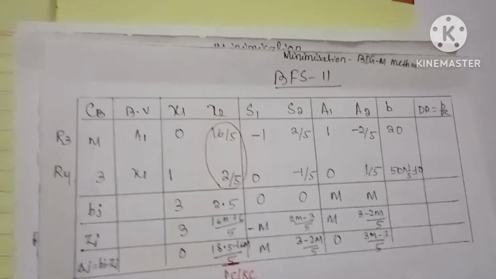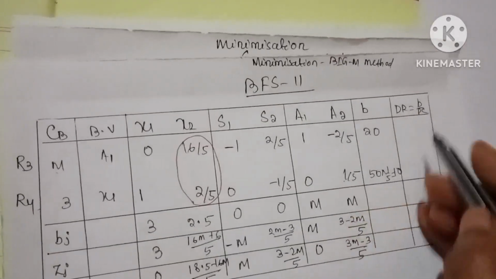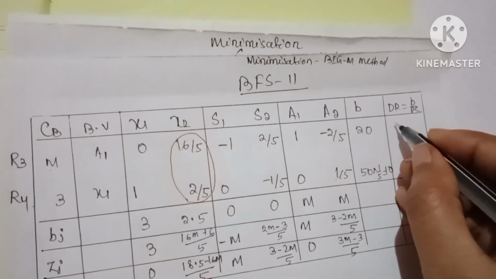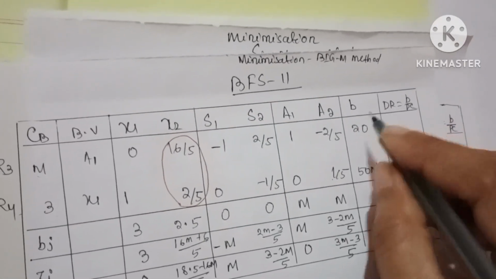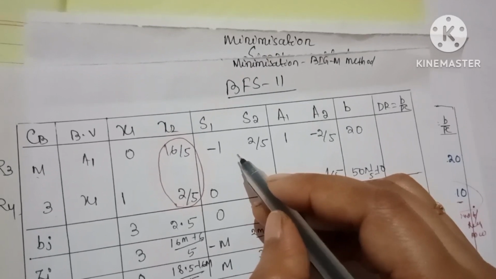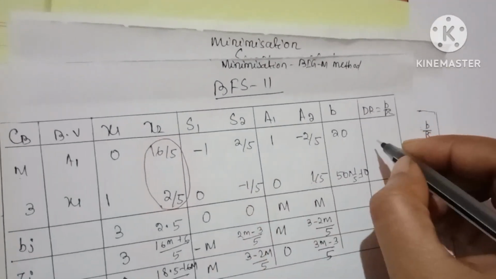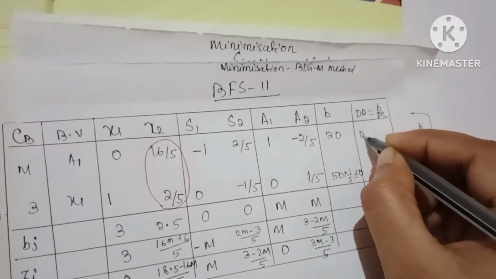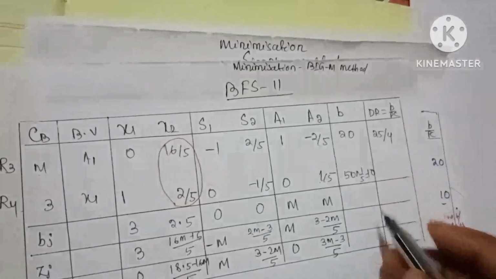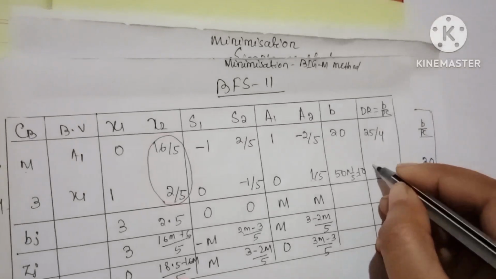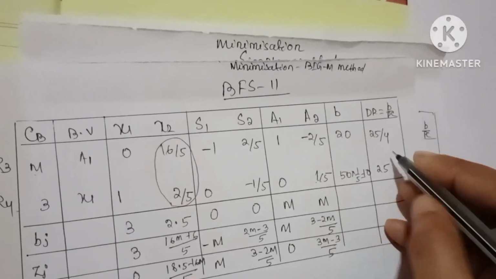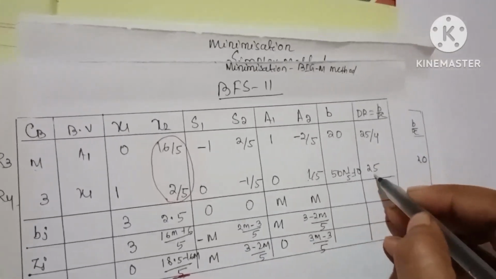Now we have to find the ratio, the displacement ratio. The formula is b by pivot column, that is 20 by 16 by 5, so this becomes 25 by 4. The next is 10 by 2 by 5, so this becomes 25. So this is 25 by 4 and this is 25.